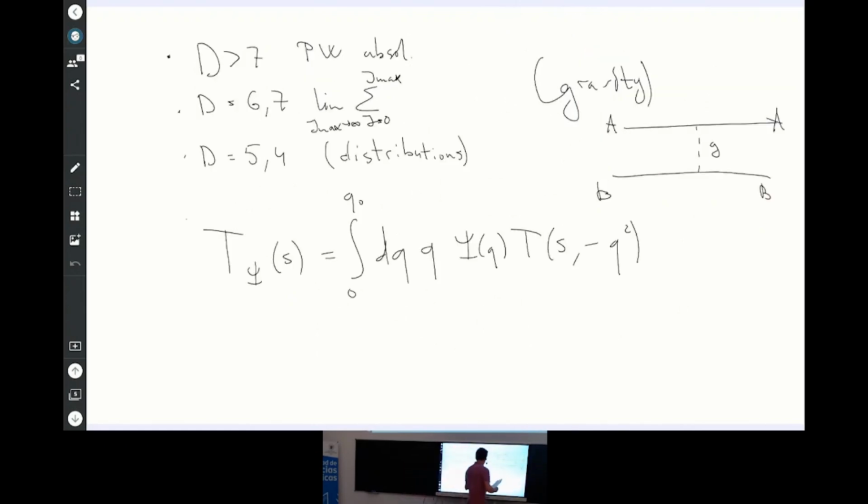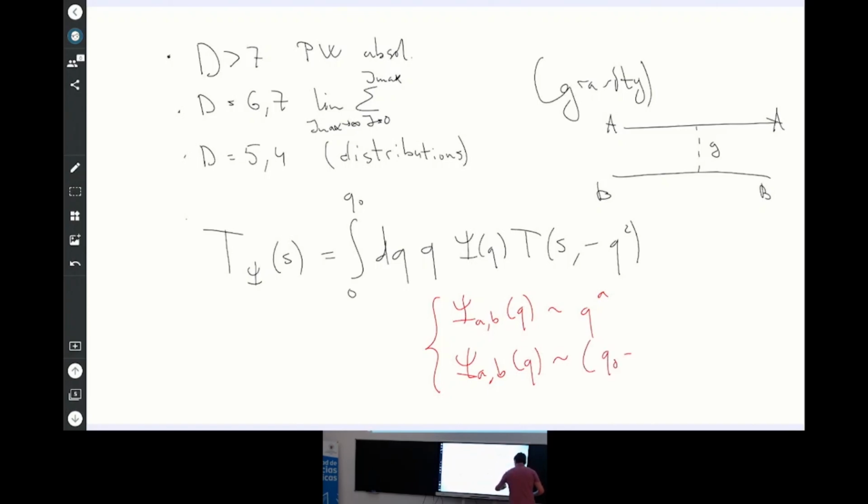Now, another thing to know is that if you do the smearing and you choose your smearing function to vanish close to 0 and to vanish close to the edges, I just define some class of smearing functions that vanish close to the regions. The effect of this is to suppress large spin.